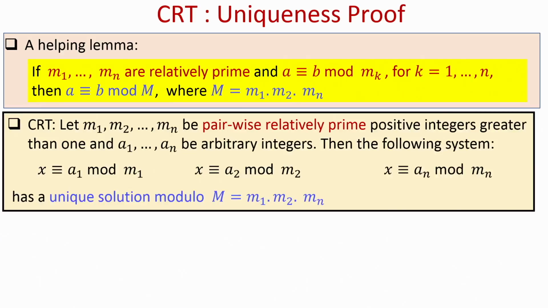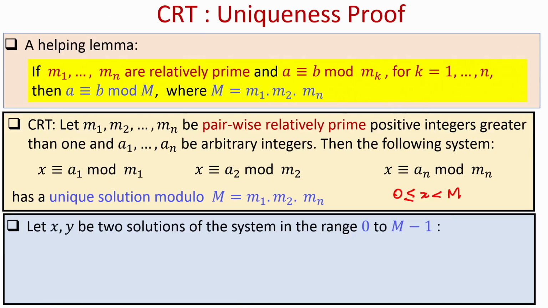Now, coming back to the proof of the uniqueness of the solution, we wanted to prove that there is a unique solution x in the range 0 to m minus 1, satisfying the system of n linear congruences. So, we will prove it as follows. On the contrary, imagine you have two solutions in the range 0 to m minus 1 satisfying this system of linear congruences, and let those solutions be x and y.